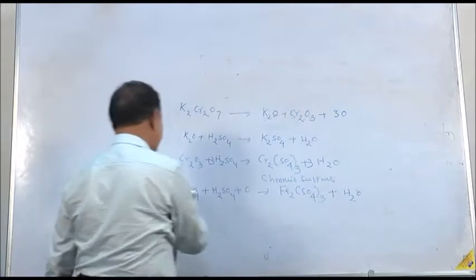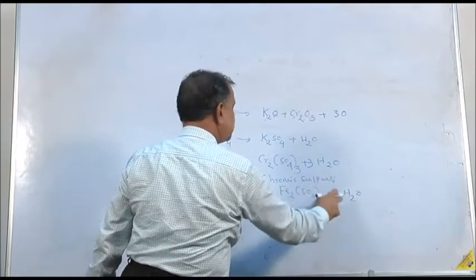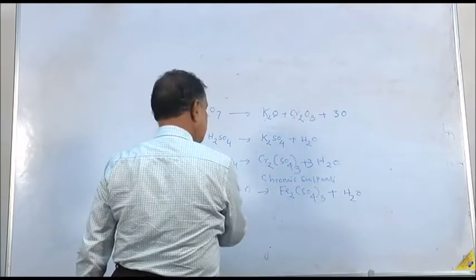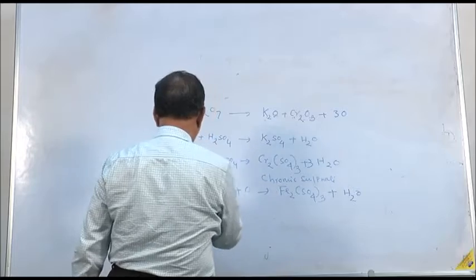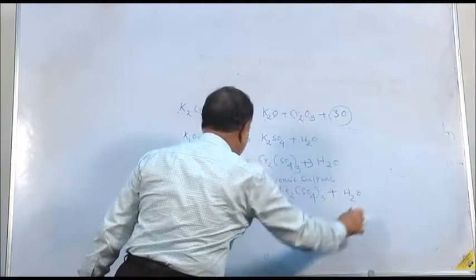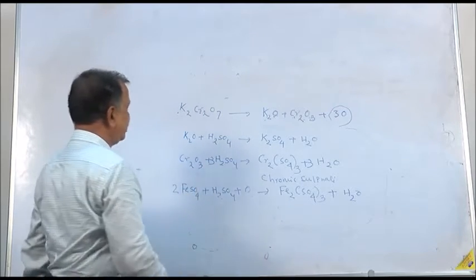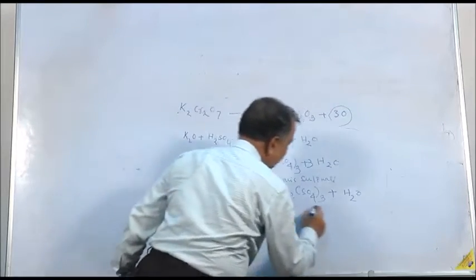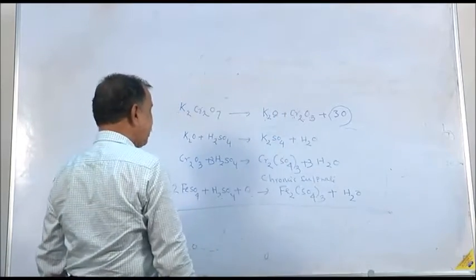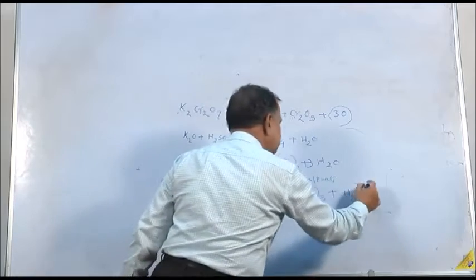Check whether it is balanced: 13 oxygen here, also 13 oxygen, 2 hydrogen, 2 Fe, 3 SO4. This O which comes here is the oxidizing agent; it oxidizes ferrous sulfate to ferric sulfate. Now we add all of this, the 3O to be added.